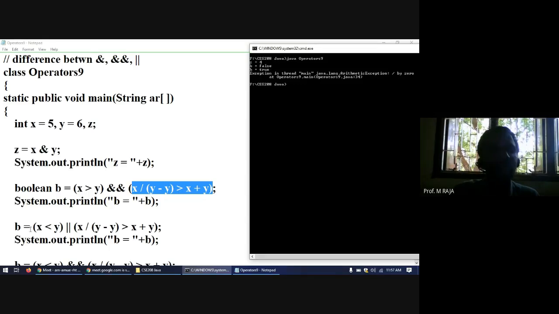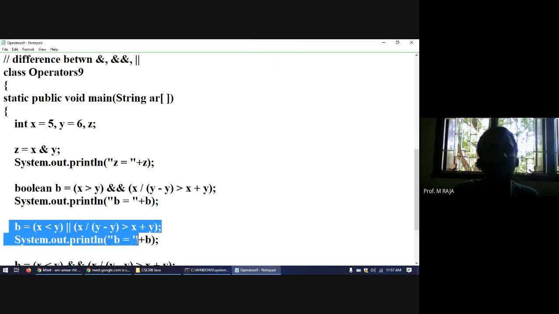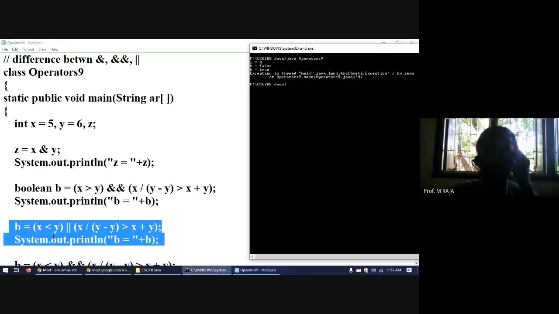Likewise, carefully look at these two lines of code. In this case, a short circuit logical OR, the conditional OR, is introduced. This is operand 1, x less than y. Operand 2 is x division y minus y is greater than x plus y. That is of course a relational expression, and this is also a relational expression.